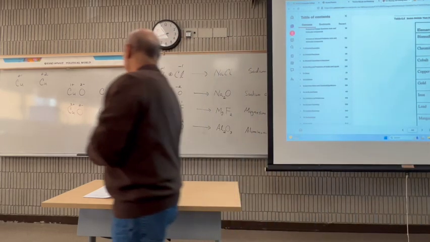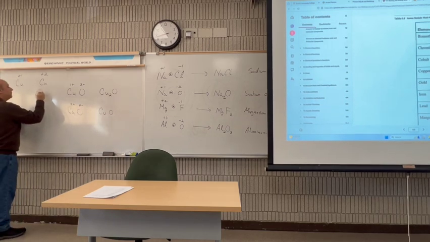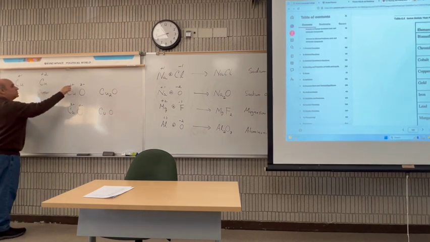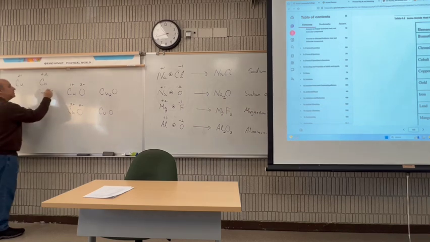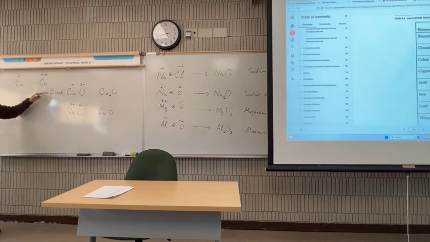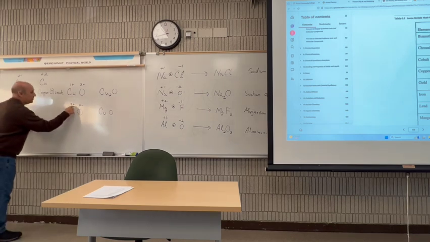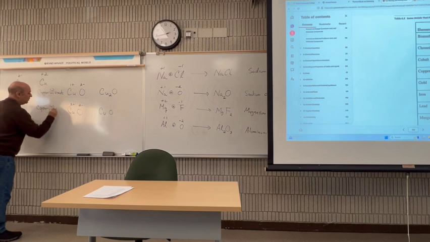So this copper is using the +1, so we say 1 in parentheses with a Roman numeral, and then we add the rest, oxide. We call this copper(I) oxide. That gets rid of the ambiguity. This one is using the 2+, so we call it copper(II) oxide.